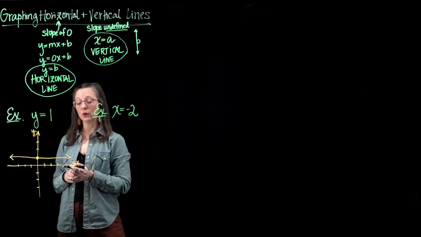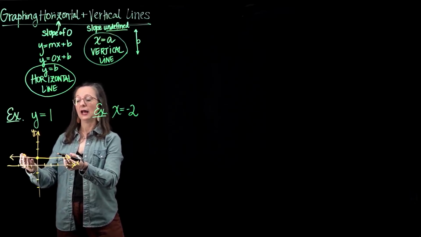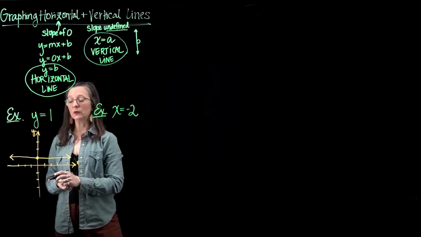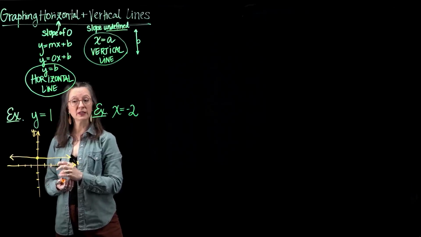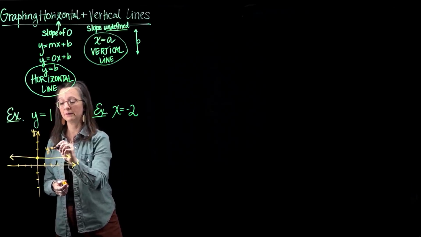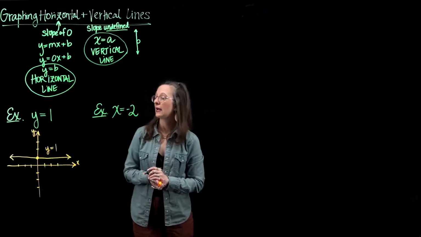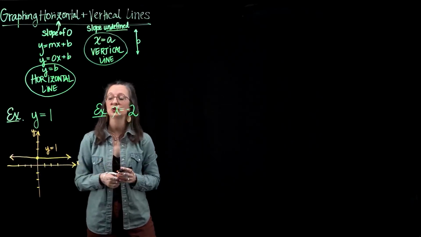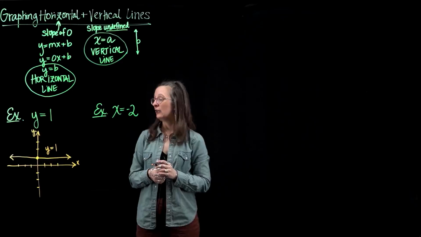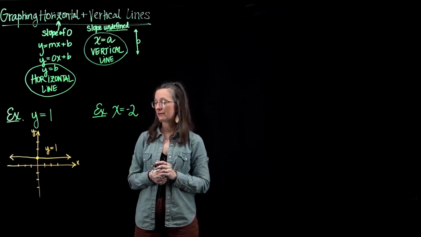So this would be a horizontal line at y equals 1, extending to the right and to the left infinitely from this point (0, 1). I could label it as y equals 1. We do want to have arrows on the ends to show that it goes on forever in both directions.